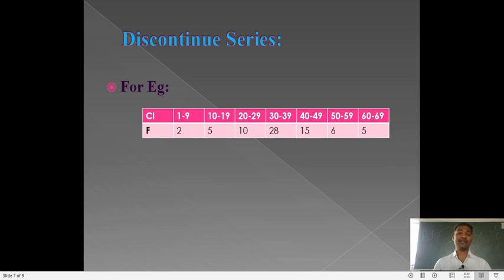So the class is made exclusive, and then we can start solving the numerical problem. If we solve the problem without doing this, it will be wrong. So we have to take care to know what is a continuous series and what is a discontinuous series.